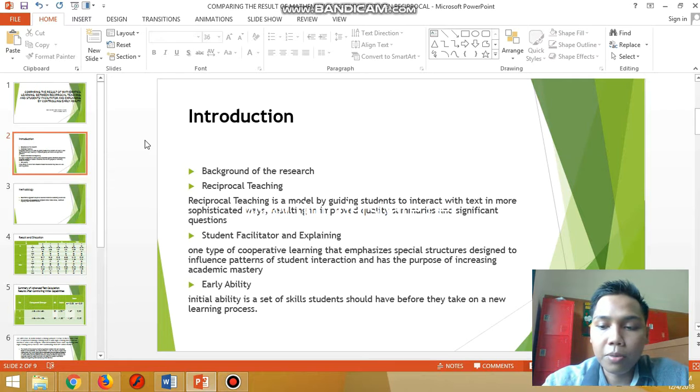Student facilitator and explaining is a type of cooperative learning that emphasizes spatial structure designed to influence patterns of student interaction and has the purpose of increasing academic mastery. Early ability, or initial ability, is a set of skills students should have before they take on a new learning process.